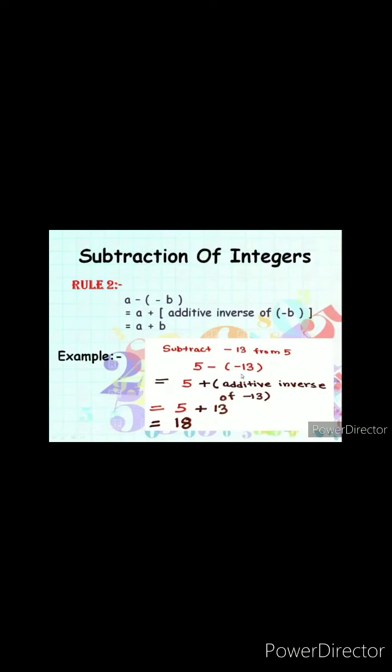Opposite of minus 13 is 13, or in other words, additive inverse of minus 13 is 13. And I think you all know how to add two integers with the same sign. Just add their values, put the common sign. So their sum is 18 and they are having the common sign as plus or no sign, that is plus 18.